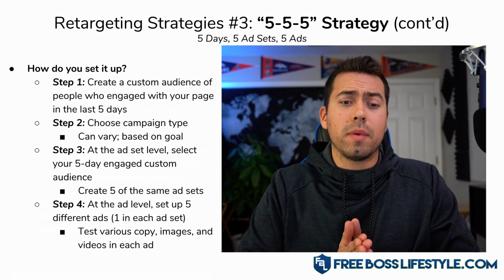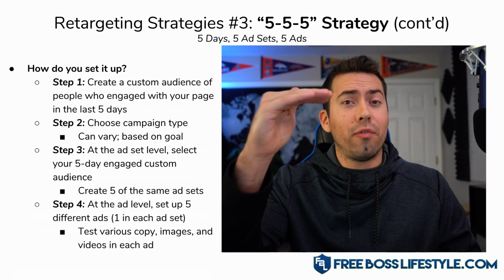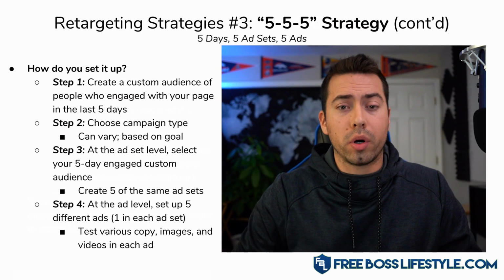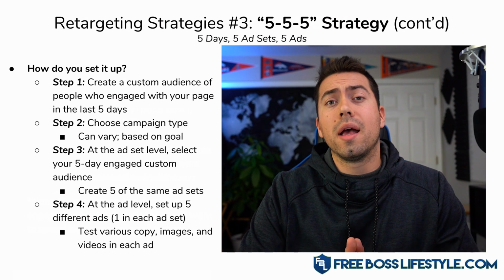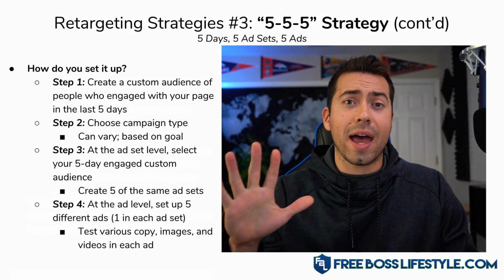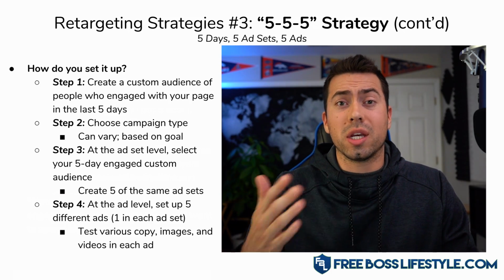So that's what I would recommend to you. But if you want to have 5 different ad sets and each ad set is spending X amount per day, go ahead and do that. But basically what you're going to do is each ad set is going to be targeting that 5-day engaged page custom audience. So that is the 5-5-5 strategy.